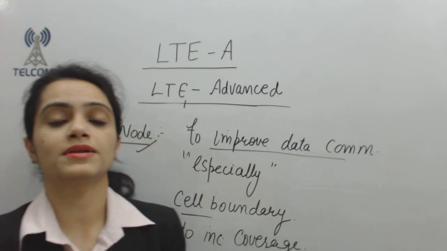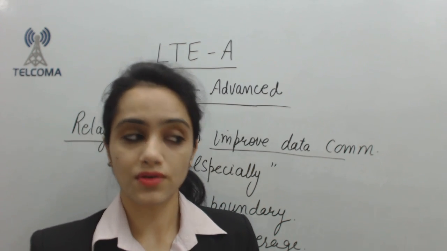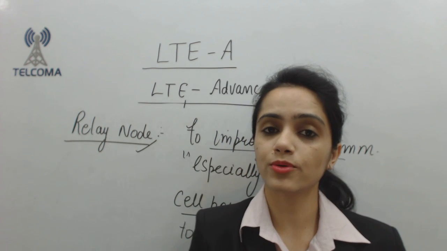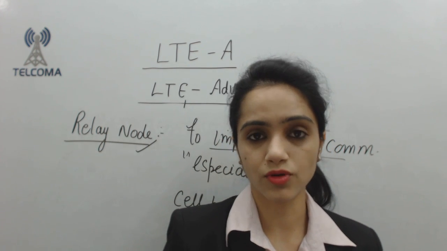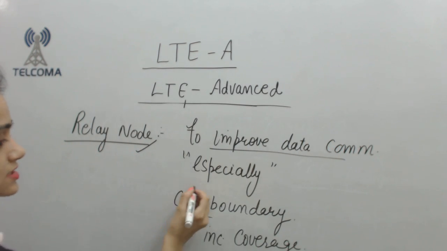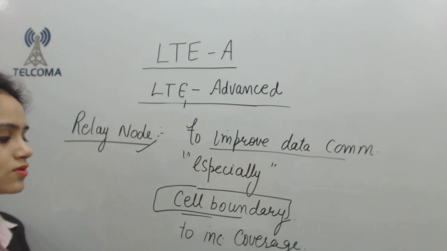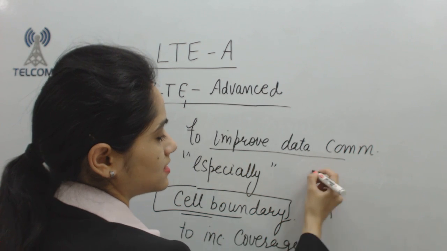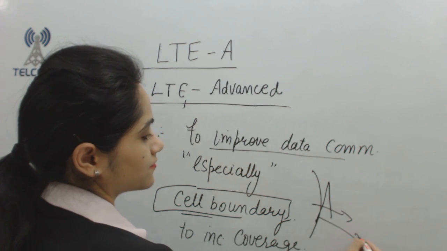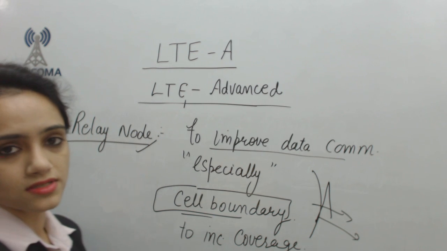So relay nodes are used to improve data communication and throughput, but they are used at the cell boundary because it has lesser performance, so that they can increase the coverage and improve the performance of the system.